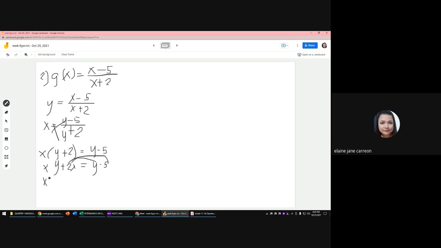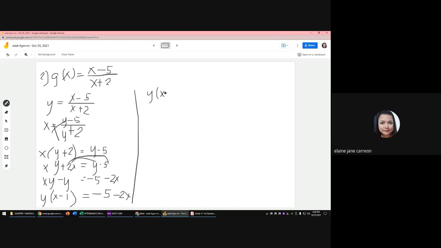Move y to the other side, and move 2x to the other side. So xy minus y is equal to negative 5 minus 2x. And then factor out y. So we have y, xy divided by y is x, y divided by y is 1 equals negative 5 minus 2x. Let me rewrite this so you can see.